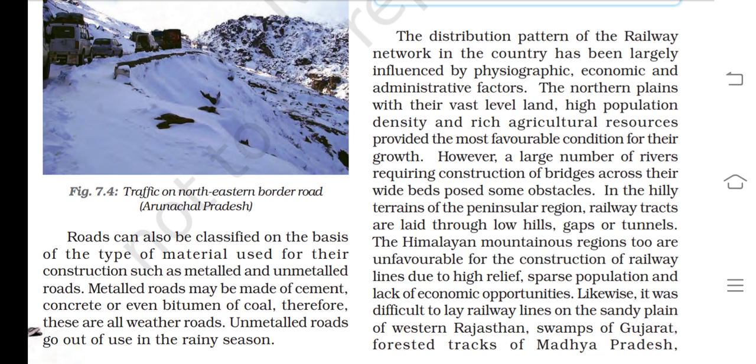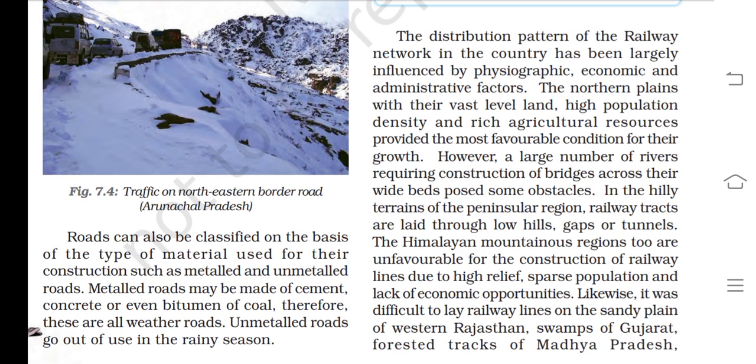If we are talking about the hilly areas of the peninsula region, railway tracks are laid through low hills, gaps, or tunnels. The Himalayan mountainous regions are unfavorable for the construction of railway lines due to high relief, sparse population, and lack of economic opportunities.